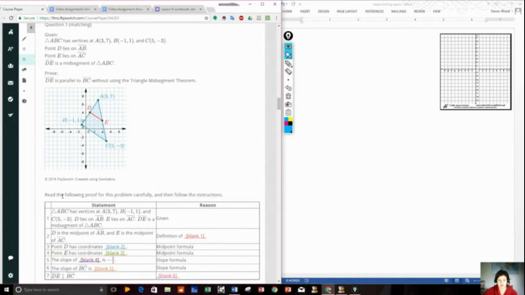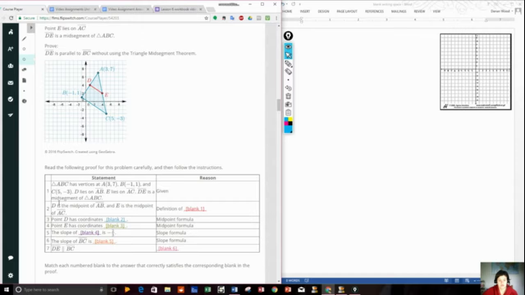Alright, so we're reading the following proof for this problem and then following the instructions. Triangle ABC has vertices at A (3, 7), B (-1, 1), and C (5, -3). D lies on line segment AB. E lies on line segment AC. Line segment DE is the mid-segment of triangle ABC.